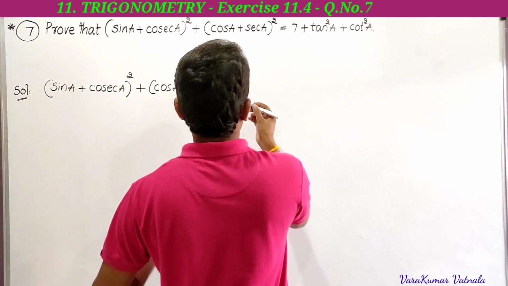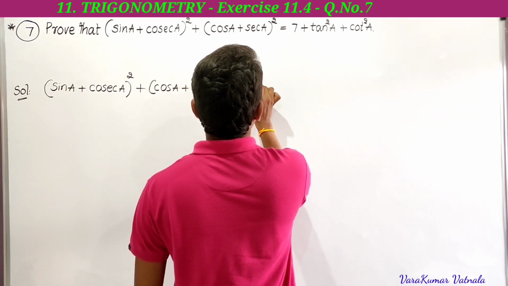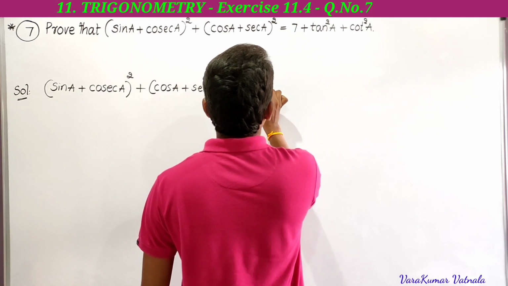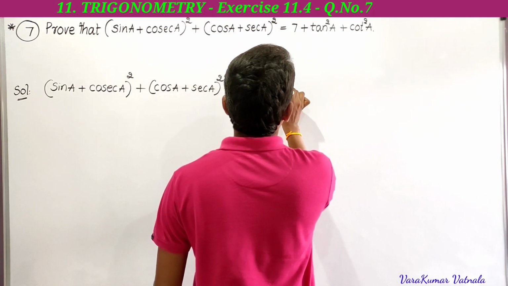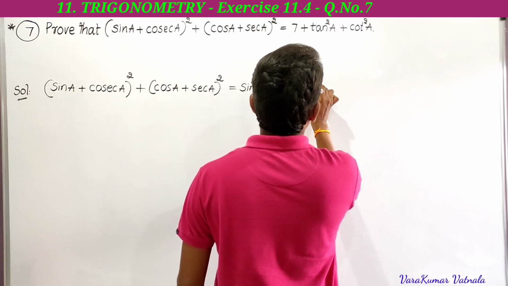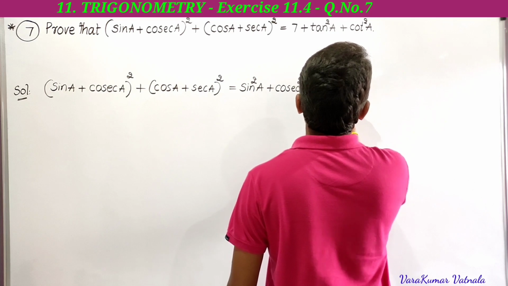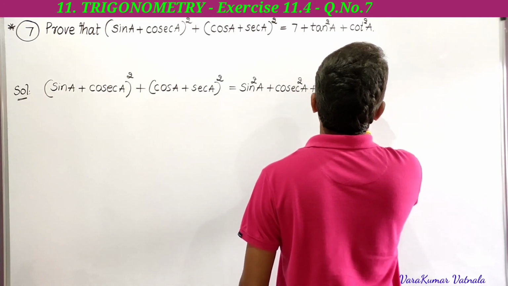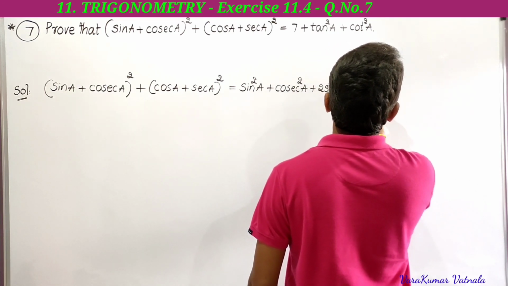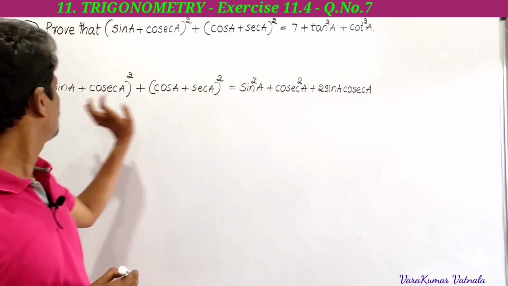See here, A square we get sin square A plus B square we get cosec square A plus 2AB, so we have sin A into cosec A. So I have just expanded it using (A plus B) whole square.